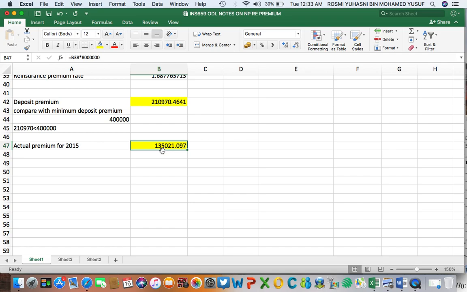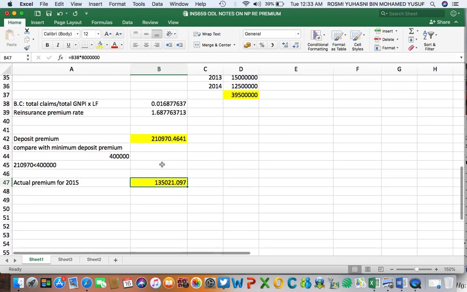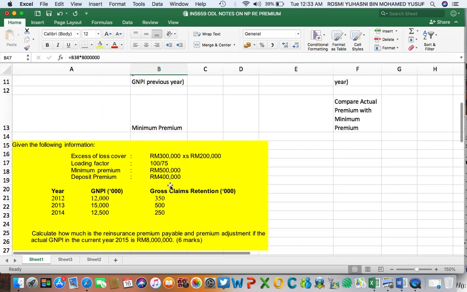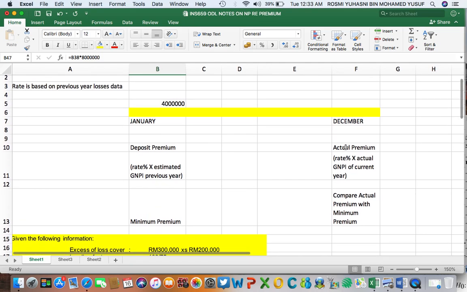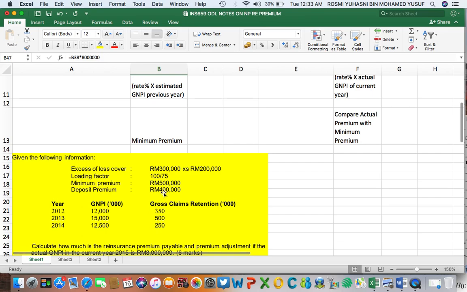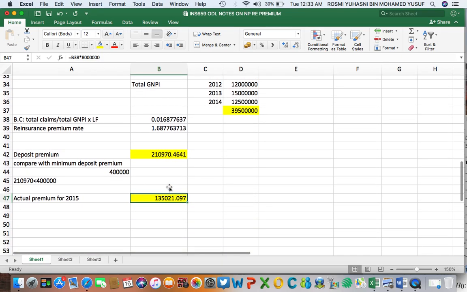So what we have to do next is to compare this actual premium with the minimum premium demanded by the reinsurer. Remember, at the end of the year, compare the actual premium with the minimum premium. So the minimum premium is 500,000.